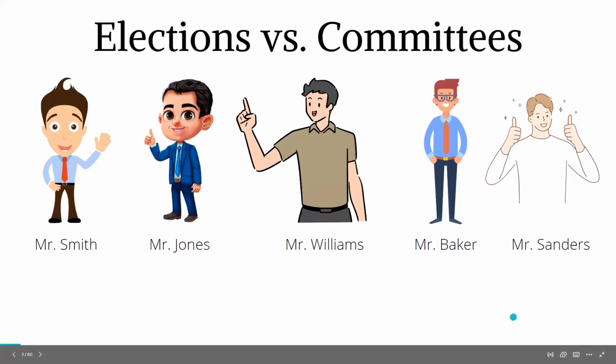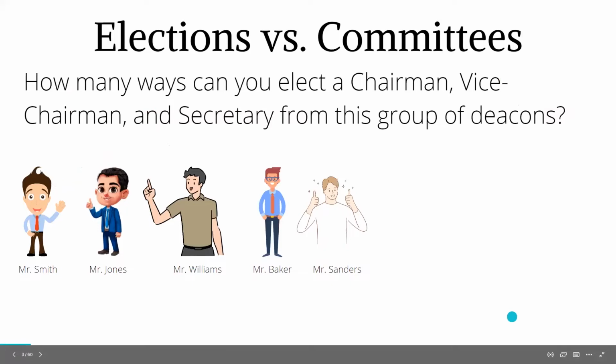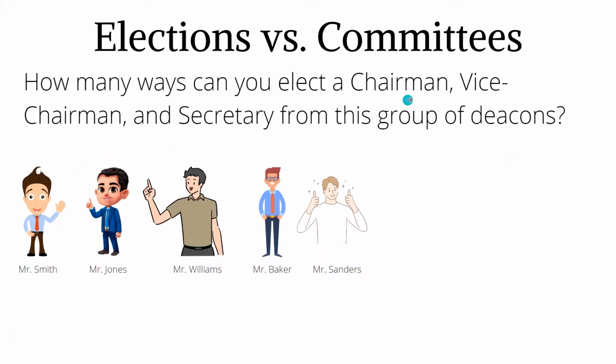Okay, so let's look at a specific example. So let's take our 5 deacons and in how many ways can you elect a chairman, vice chairman, and secretary from this group of deacons? Okay, so when you look at this, we are talking about electing.